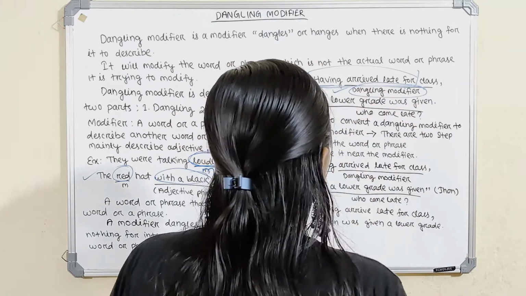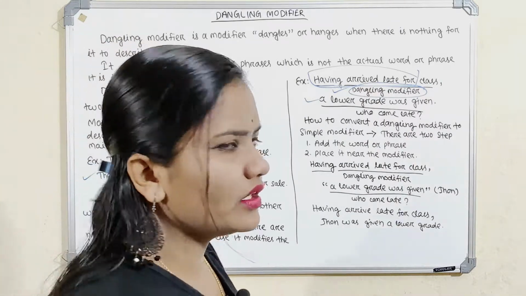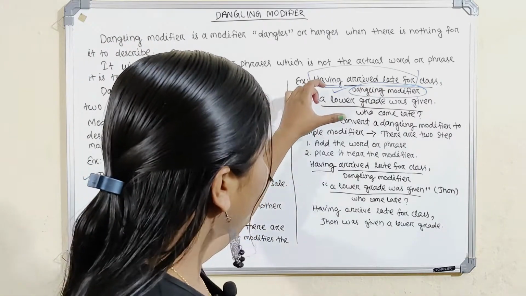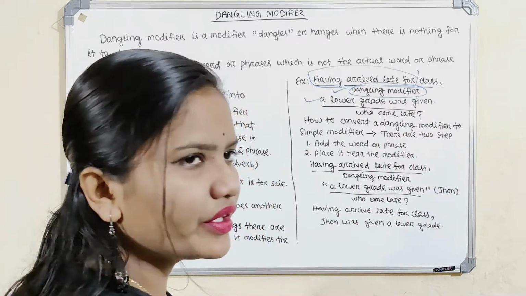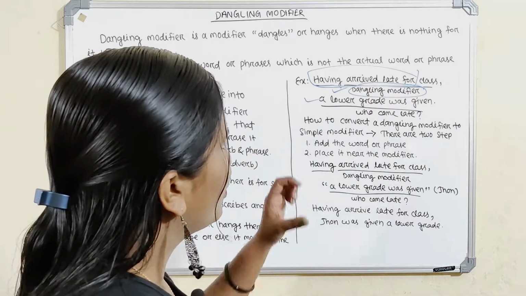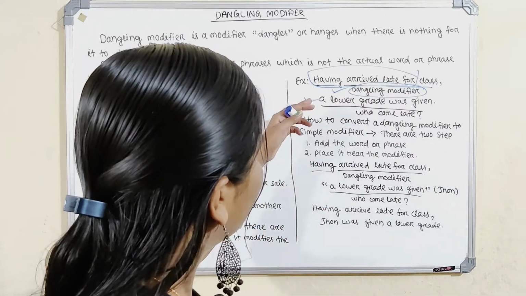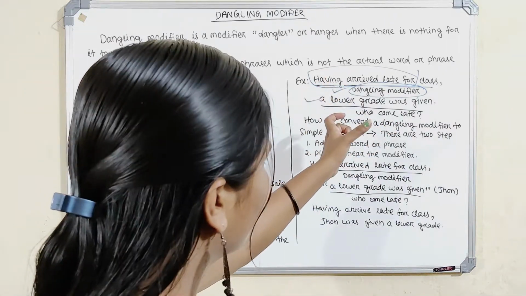We don't know who came late. We cannot get any information about who came late. So it is the dangling modifier. It has nothing to describe, so it is called a dangling modifier.